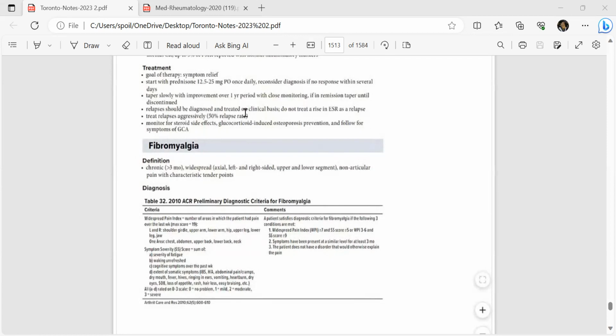Relapses should be diagnosed and treated on a clinical basis. Do not treat a rise in ESR as a relapse. Inflammatory markers can be raised, but it cannot be called a relapse. We have to go by the clinical basis.